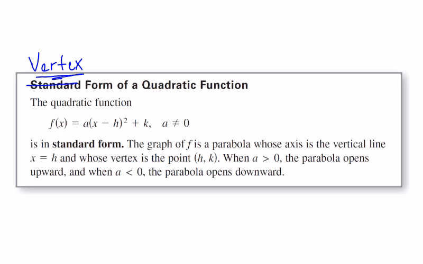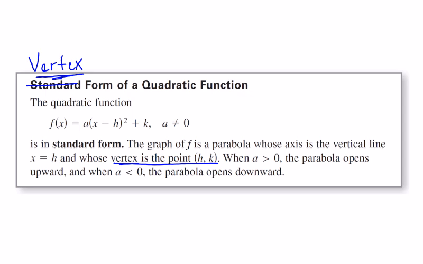The reason this is called vertex form is because it explicitly shows you the vertex. You have h and k. If you get it in this format, you can see what the vertex is. So h and k are the coordinates of the vertex: h is the x coordinate and k is the y coordinate. Now remember, we used those with a circle as well.